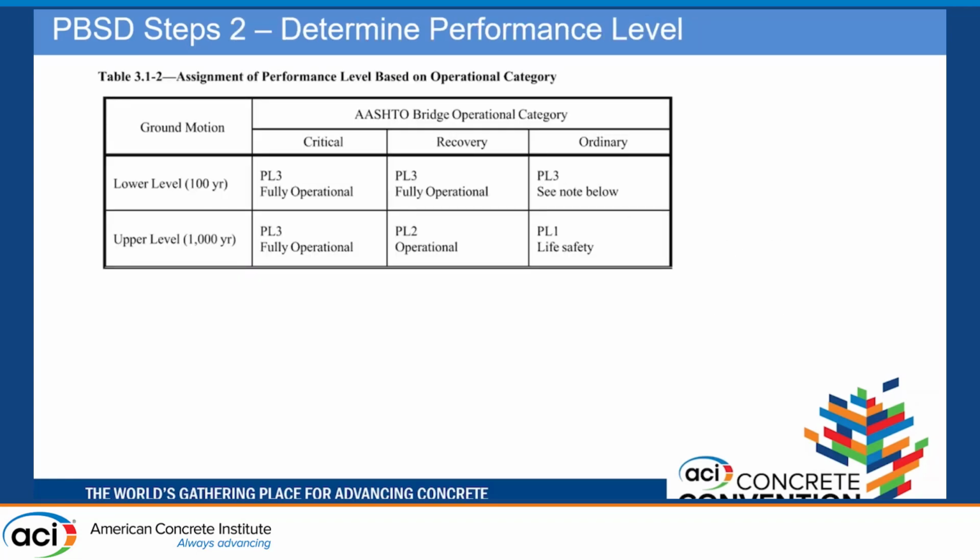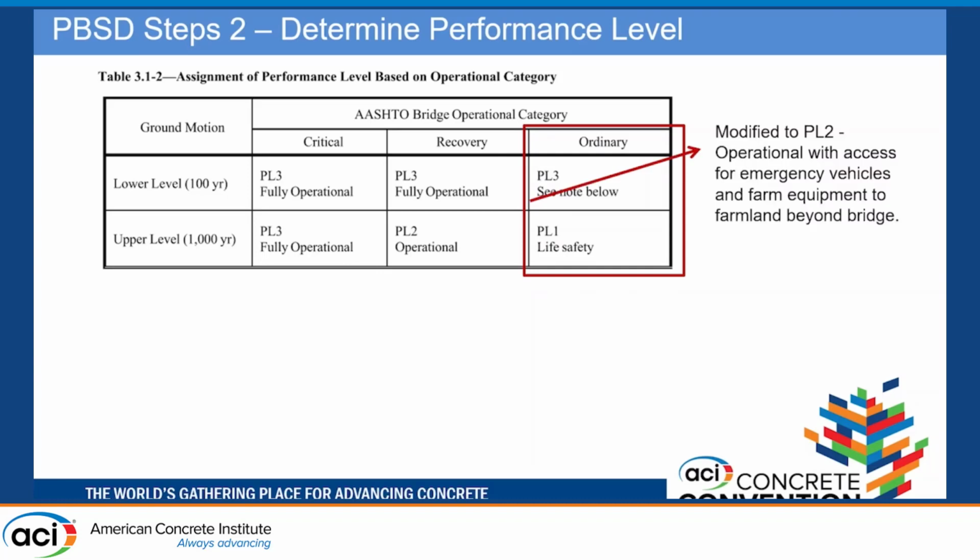So we're going to take what would come in this process for determining the performance levels. An ordinary bridge, we've generally designed to PL3 and PL1 for the lower and upper level respectively. And we're going to do that, except we're going to modify PL3 to PL2. The reason I wanted to walk through this is I want you to understand that these guidelines set up a whole bunch of parameters, and you as the engineer get to change them.